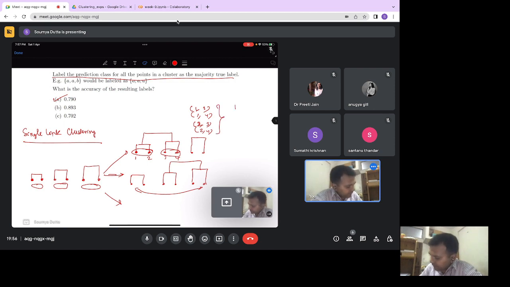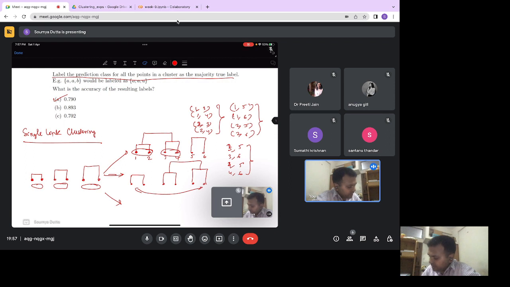Similarly, you will also check, suppose these points are 5 and 6, 1 5, 1 6, 2 5, 2 6, and you will also check 3 5, 3 6, 4 5, 4 6. All these different similarities or distances you will check, and you will take the minimum of all of them.